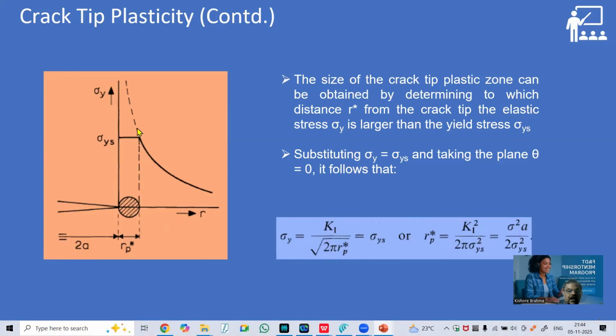as long as stresses are above yield stress, and can be found out by substituting the stress at y equal to yield stress. So one can get a relationship between the plastic zone size and the stress intensity factor K1, which is given in this equation.